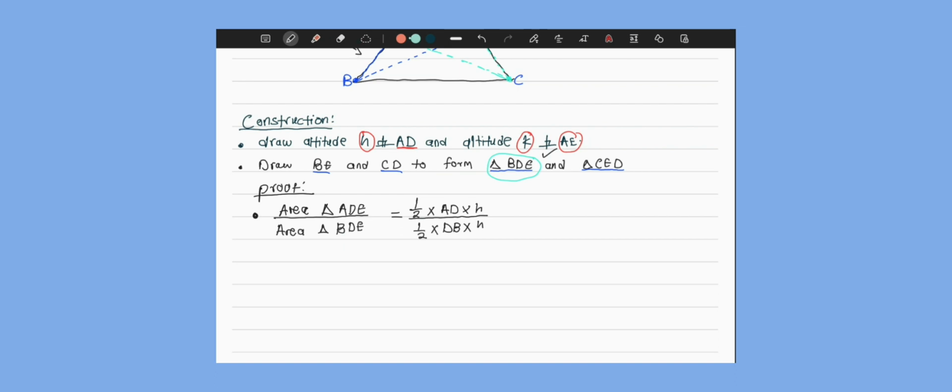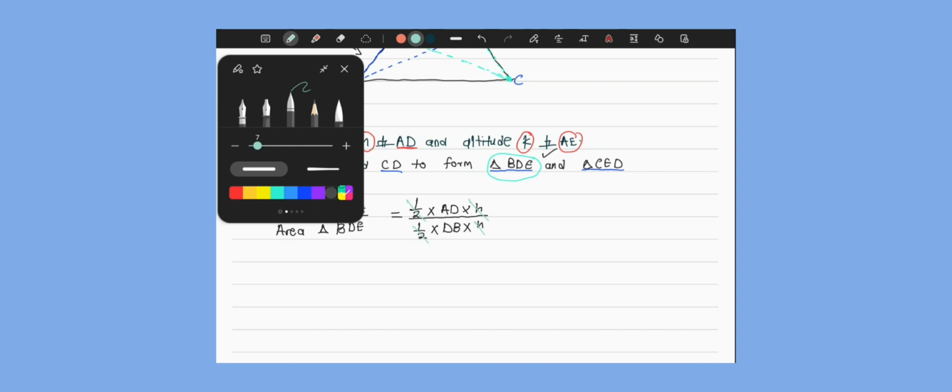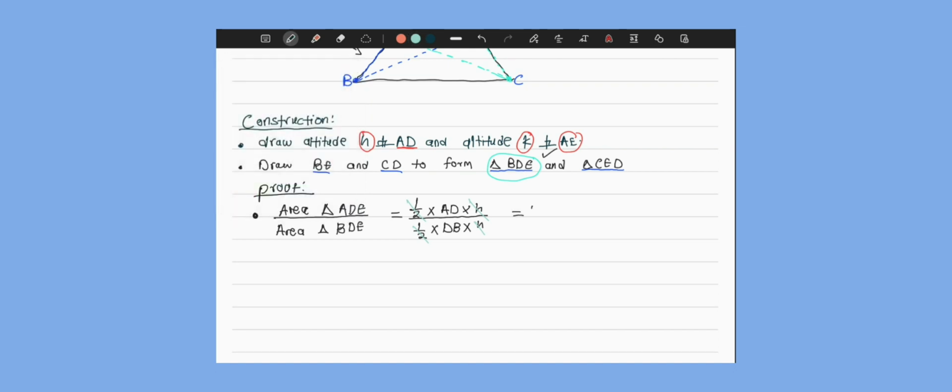As you can see, this and this will cancel out, and I'm left with just AD divided by DB. Remember that we need to write also the reason. The reason is these equal heights, we have that altitude, which is h and h. So we're done with point number one.